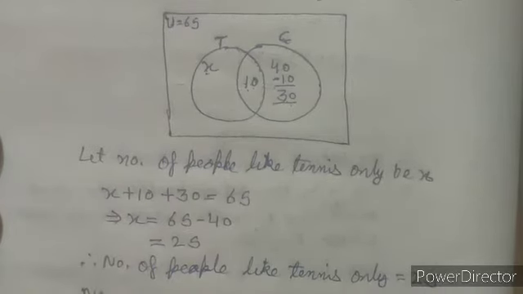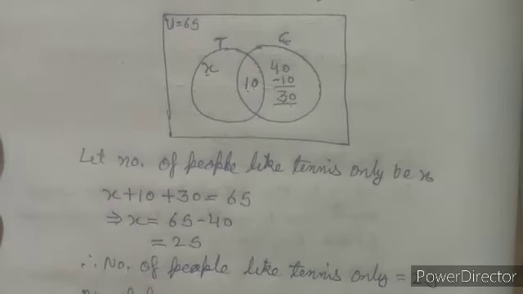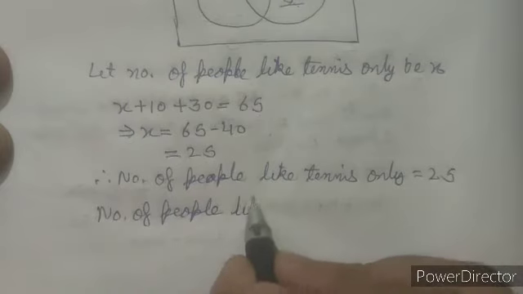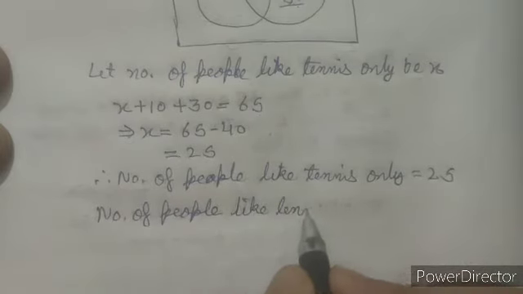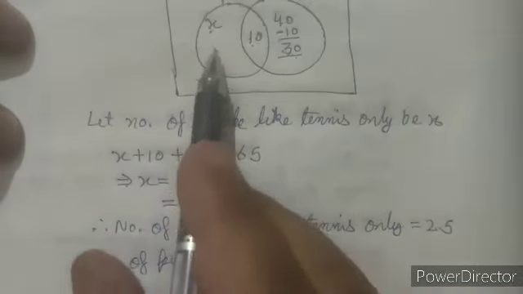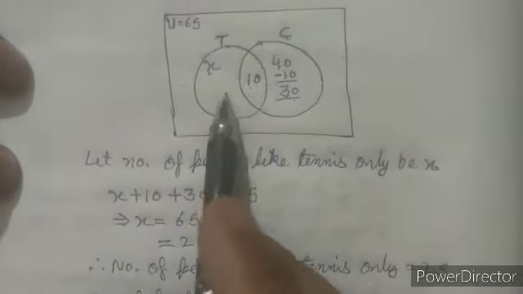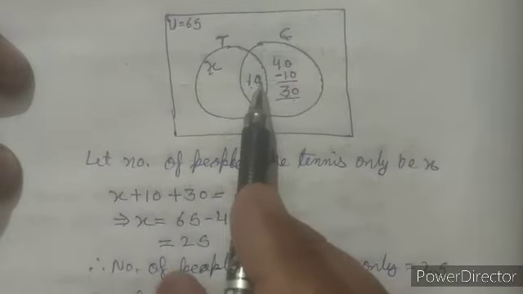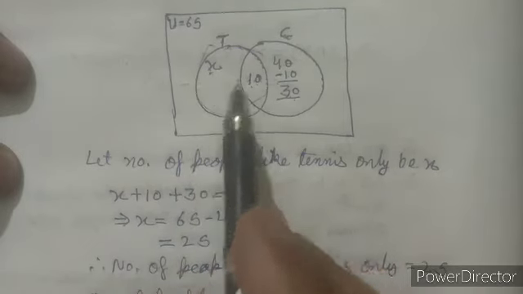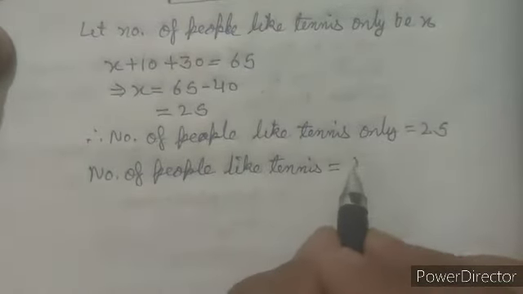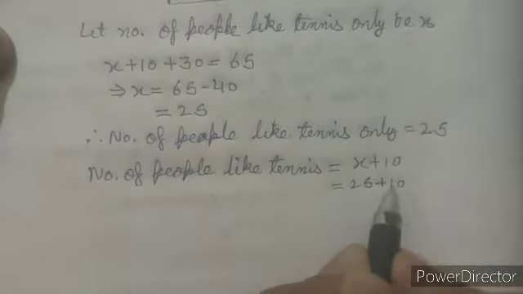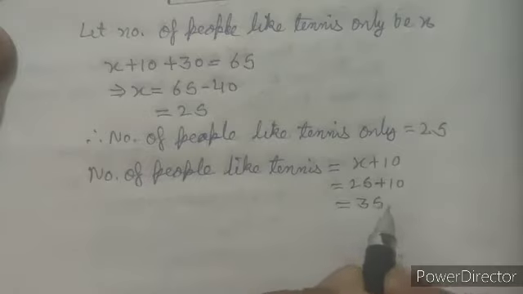Now the number of people who like tennis will be equal to, the number of people who like tennis only are x and the number of people who like tennis and cricket both are 10. So the number of people who like tennis will be x plus 10, and x was 25, plus 10, and that will be equal to 35.